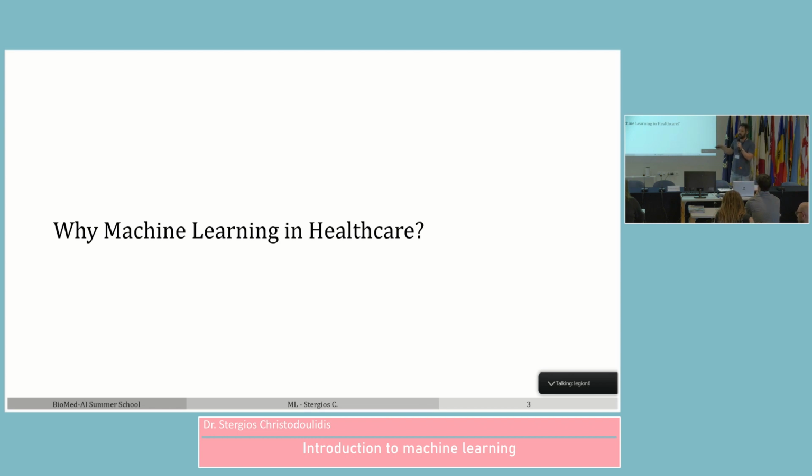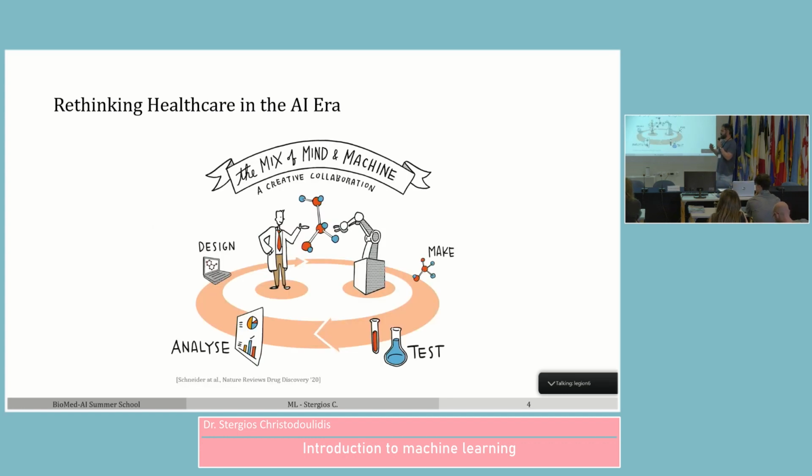Just a quick motivational slide to explain why we're interested in using machine learning in healthcare. The main idea, in contrast to what was believed at the beginning, is that we want collaboration between clinicians and engineers or AI experts in order to design, develop, and assist in different aspects of healthcare and the clinic, like drug discovery, biomarker identification and discovery, patient stratification, and other really important aspects of everyday life in the clinic.